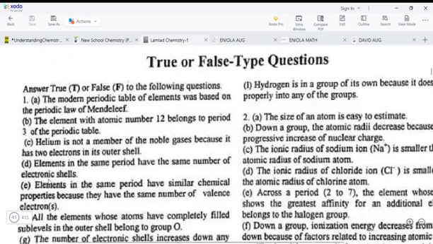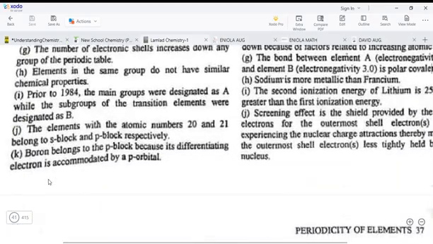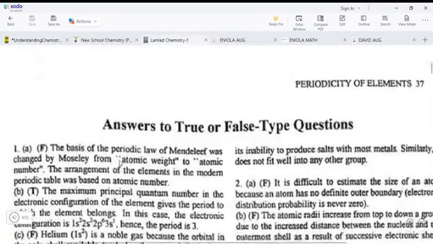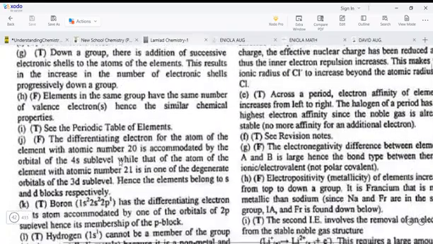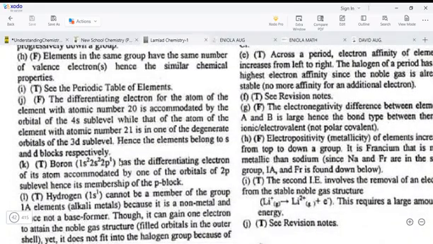Then the next one after J, K, says boron belongs to the P block because its differentiating electron is accommodated by a p orbital. Looking at the answer here, we say it's true. Boron has 1s2 2s2 2p1 because it is number 5.